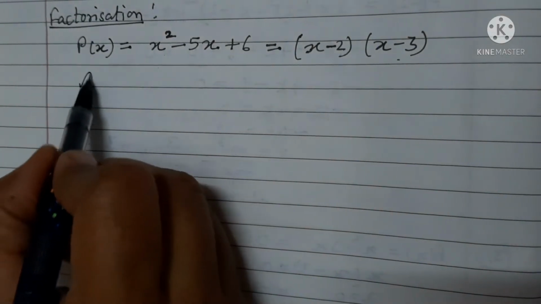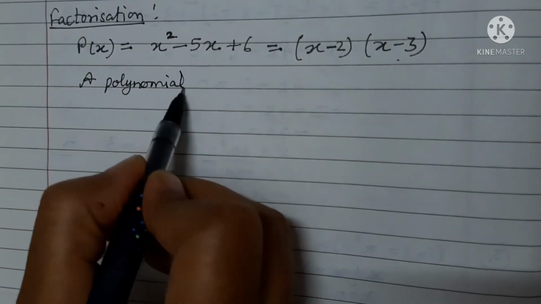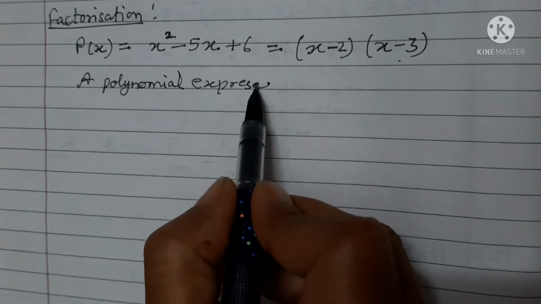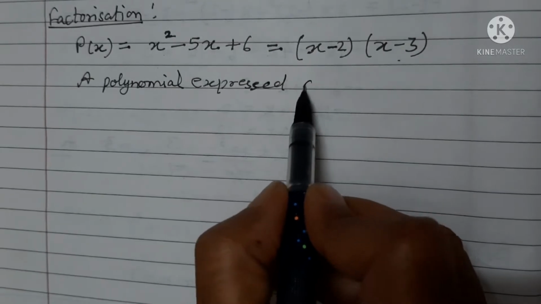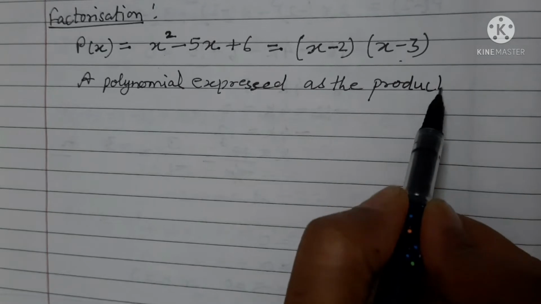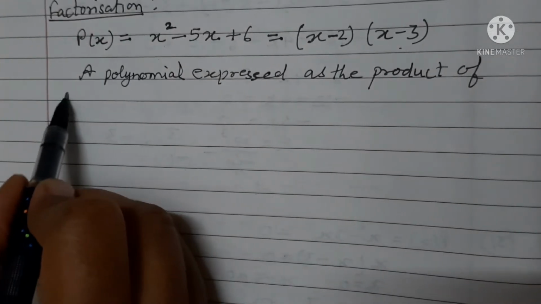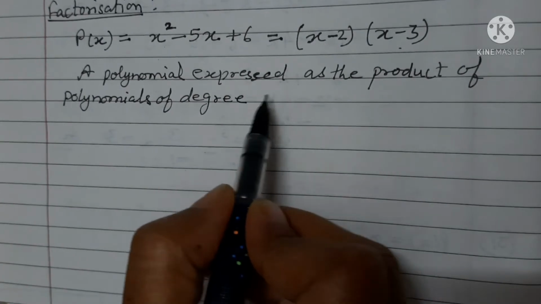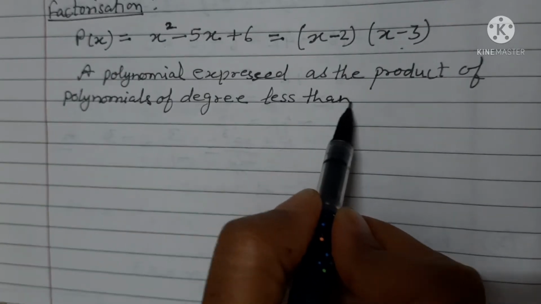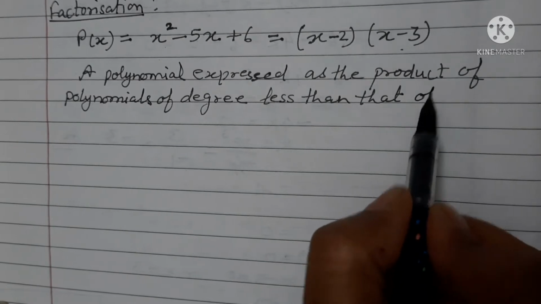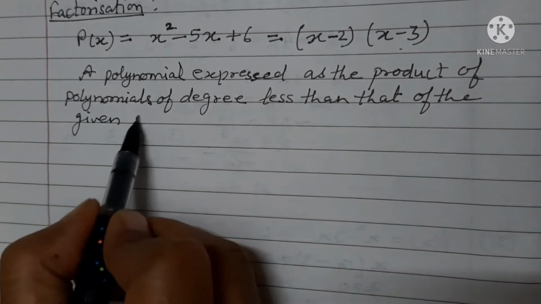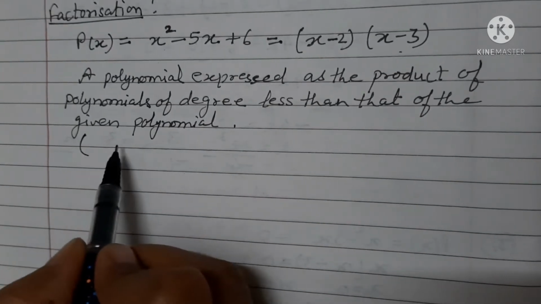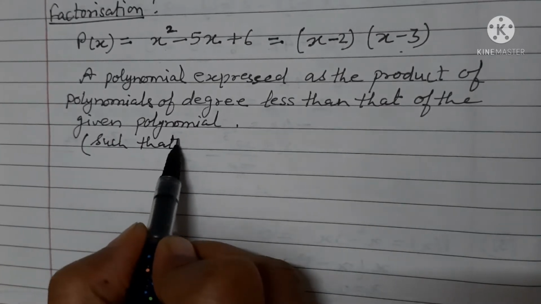Factorization means a polynomial expressed as the product of polynomials of degree less than that of the given polynomial, such that all possible factors are present in them.